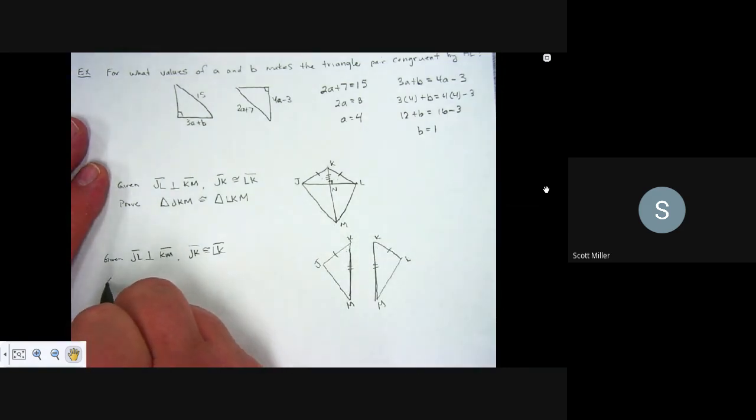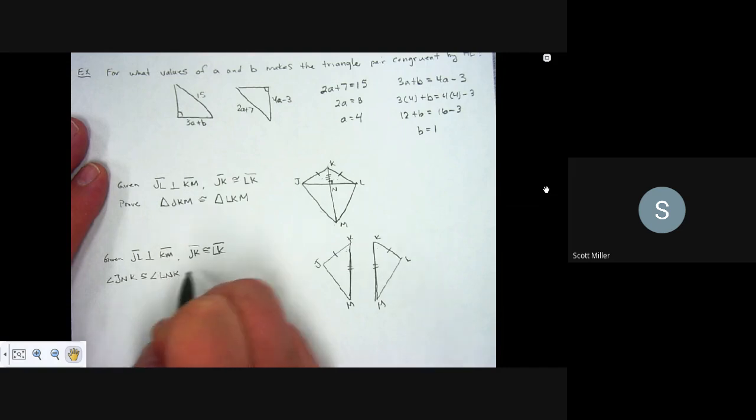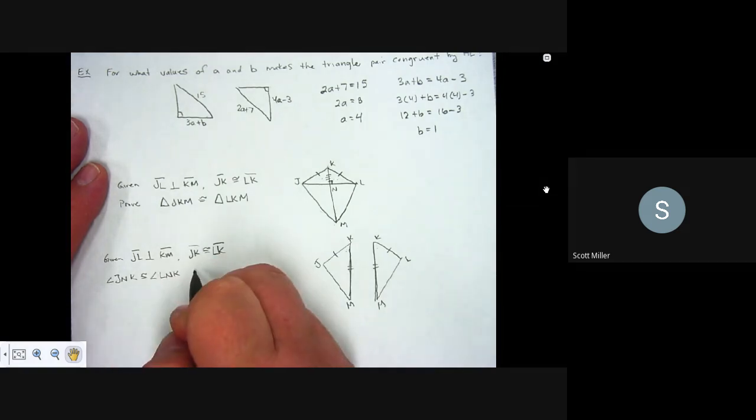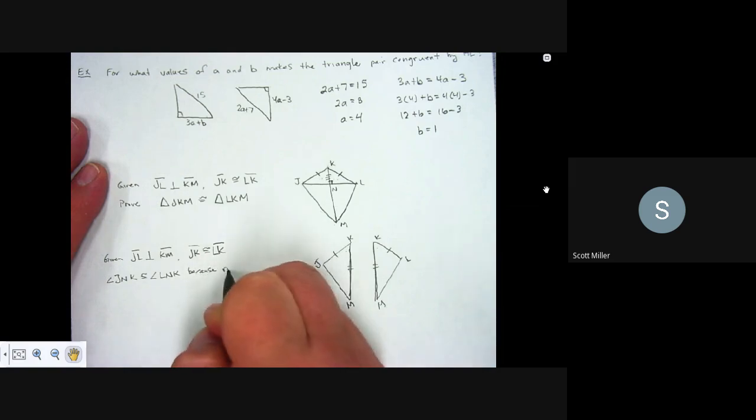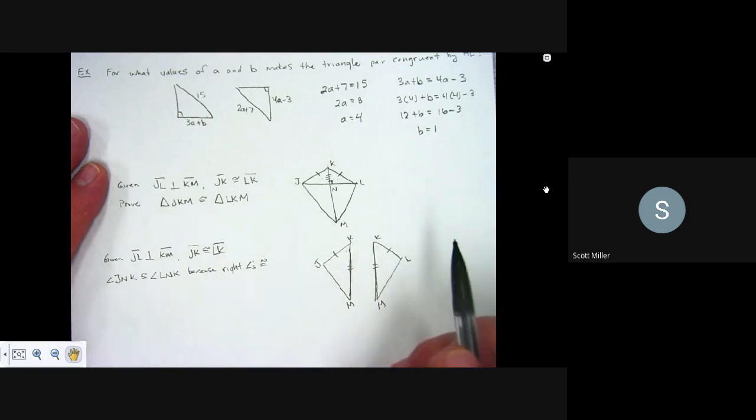that angle JNK is congruent to angle LNK because right angles are congruent.